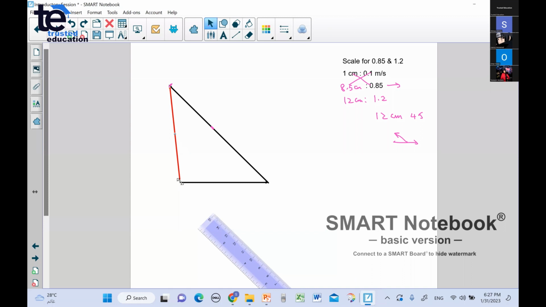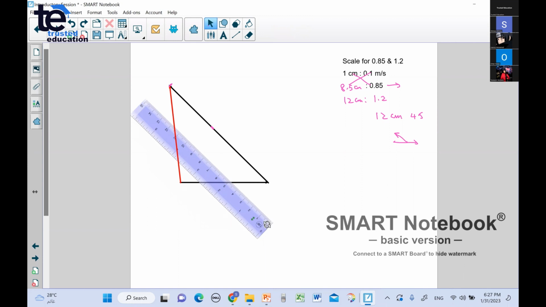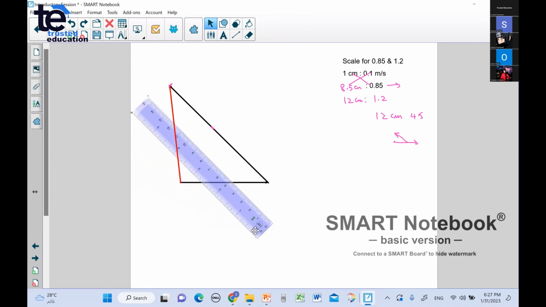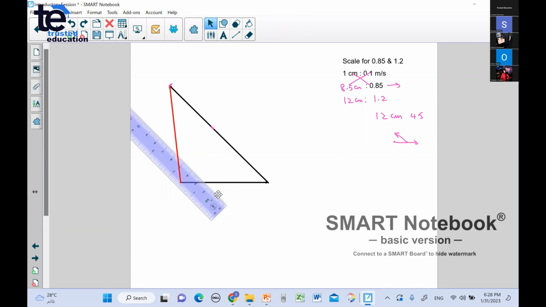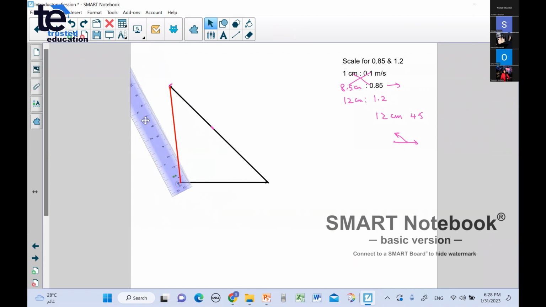This is the resultant vector, and you need to use the ruler to get it exactly. For example, here I will bring my ruler, measure the resultant vector, get it exactly, and remember to use the scale back to return this one to its actual value. Of course, this will be much easier using a real ruler and a real protractor.